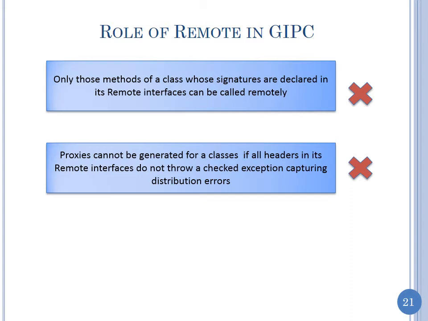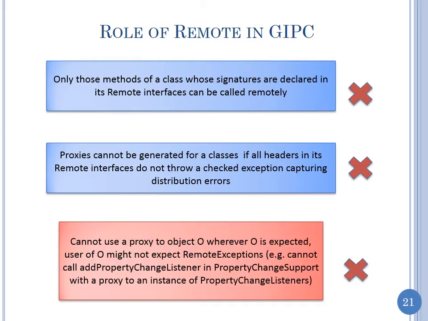The advantage of ignoring the first one is that we can call object methods remotely. And the advantage of ignoring the second one is to not have the disadvantage that RMI has, to be able to use existing classes, because those existing classes are not implementing remote interfaces, and I want to be able to use them remotely. So I want to use PropertyChangeSupport remotely, and I can't do that if I require PropertyChangeSupport to have implemented a remote interface.